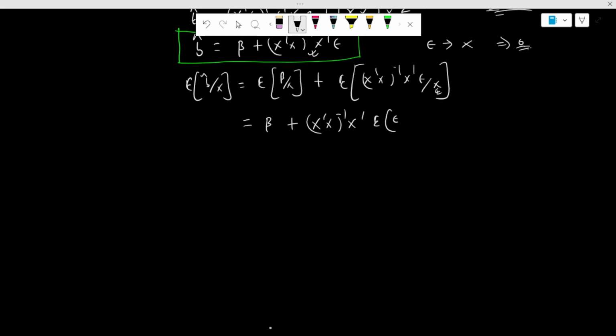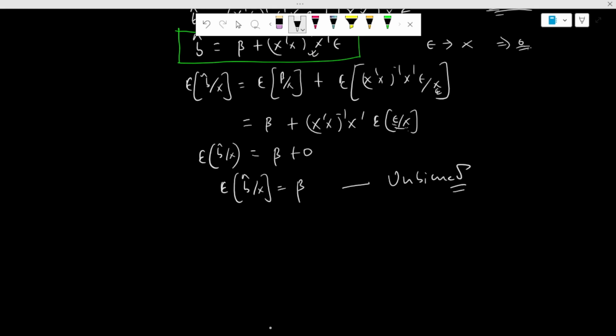So this is equal to beta plus x transpose x inverse x transpose times the expectation of e conditioned on x, and the expectation of e conditioned on x is equal to 0. The conditional expectation of beta is equal to the population beta. So our OLS beta is unbiased, because the expectation of the sample statistic is equal to the population parameter, and this is our conditional expectation.